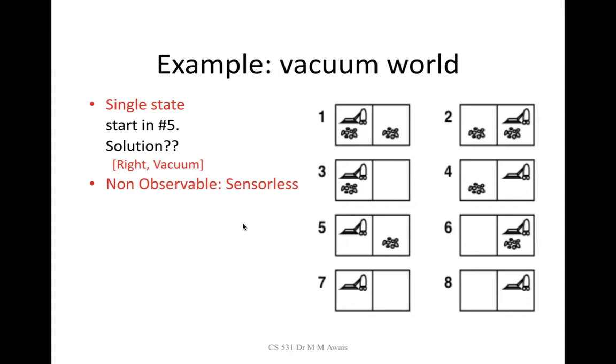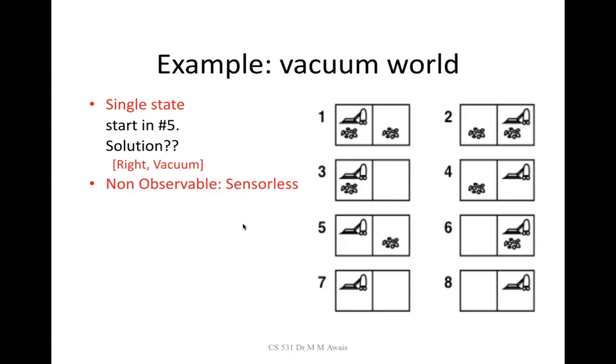How would you write your agent function? How would your agent function behave? Will you stop everything and say, okay, no cleaning required, just stop it?